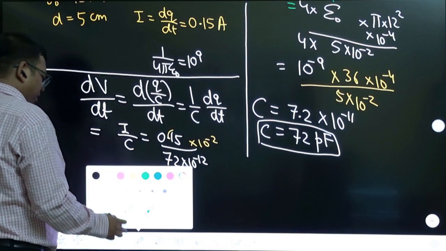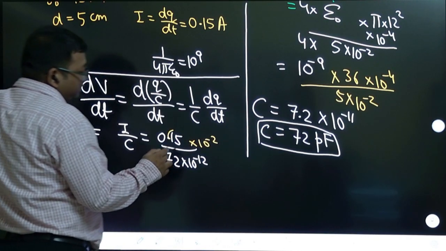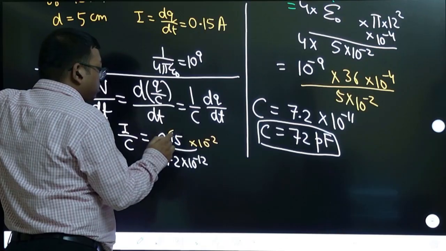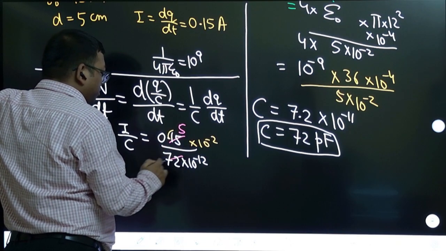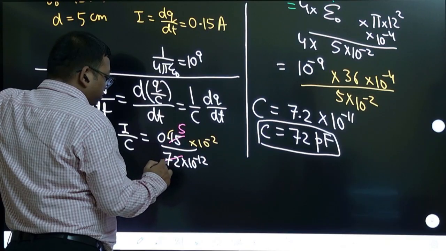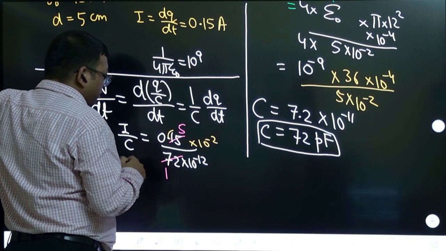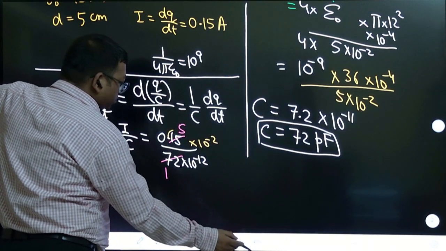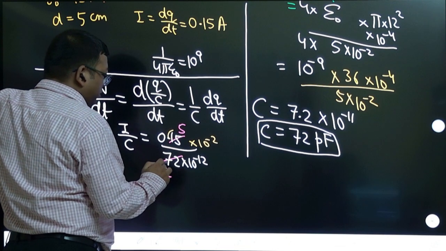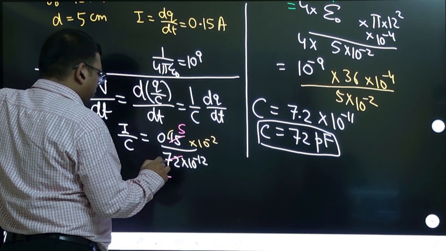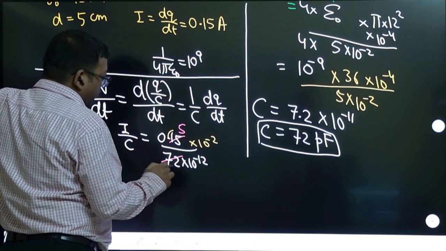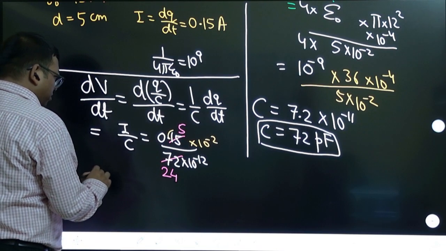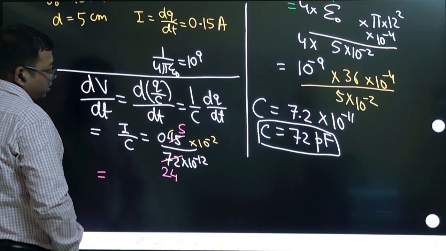And here the 3 factor we can cancel. 3 into 2 is 6, and then 12, 3 into 4 is 24. 5 by 24 factor is coming. Try to get a factor for that.